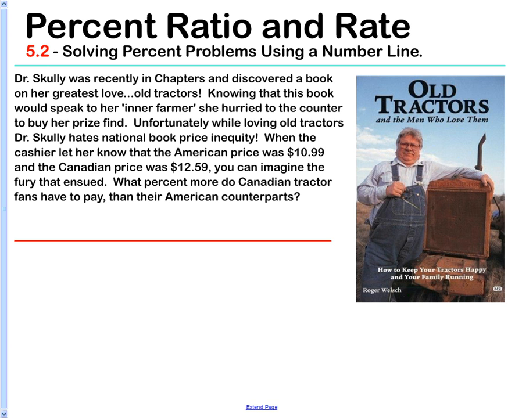Well, that is an excellent question with a lot of information that you don't need. What you do need is this $10.99 and this $12.59, and it's asking you the percentage of increase. So we have our 0% here, and we have our 0 here. We have our 100%, as with the last question, in the middle-ish, in a spot where we have some space to work.